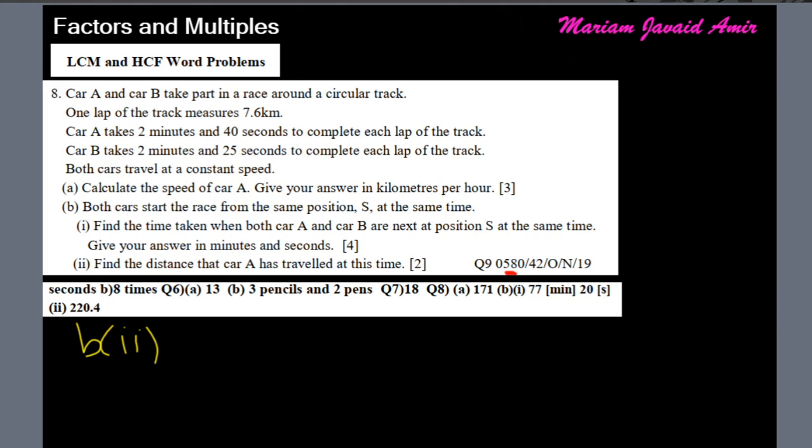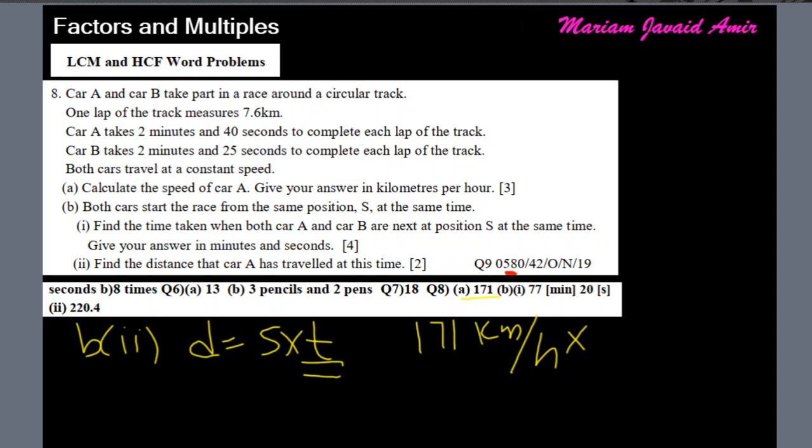Okay, B2. Find the distance that car A has traveled at this time. Distance is speed times time. We already know the speed from part A, which was 171 kilometers per hour. Now the time needs to be in hours as well.